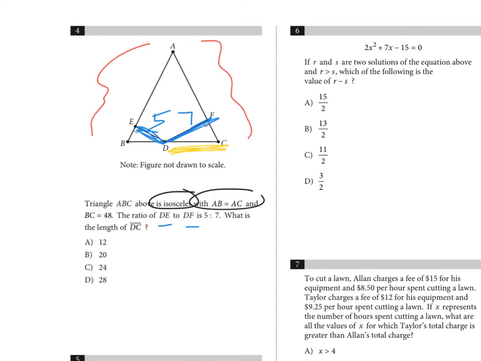Well, this question comes down to similar triangles. And in order for 2 triangles to be similar, they need to have 2 corresponding sets of congruent angles. Triangle BED and CFD are similar.